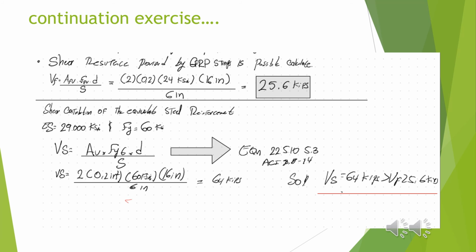Using the equation in section 2.c of the ACI 440, we see that the shear resistance provided by the GFRP stirrups is 25.6 kips. Using equation 22.5.10.5.3 of the ACI 318, we're able to calculate the shear contribution of the equivalent steel reinforcement at 6 inches on center. It comes out to 16.4 kips, which is significantly lower than that of the GFRP reinforcement.